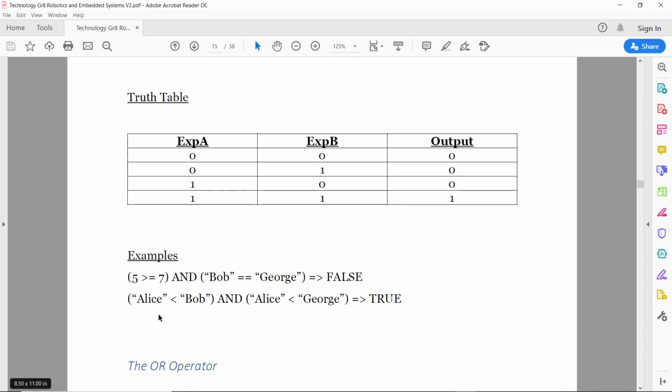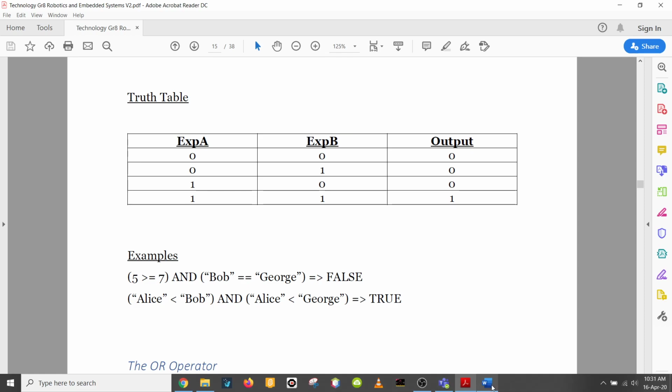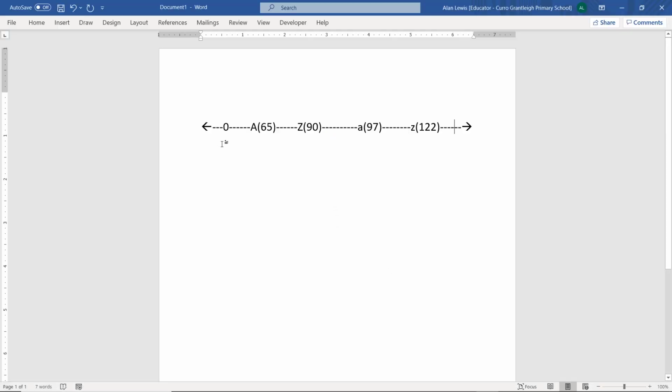So let's look at this one. Before we do, let me show you something else. Here I've made a short little number line. What I'm showing you is that every letter on your keyboard, the computer assigns it a number. You don't have to remember these numbers, but you do need to remember that capital A is less than capital Z. Capital A is given the number 65, capital Z is given 90, little a is given 97, and little z is given 122.